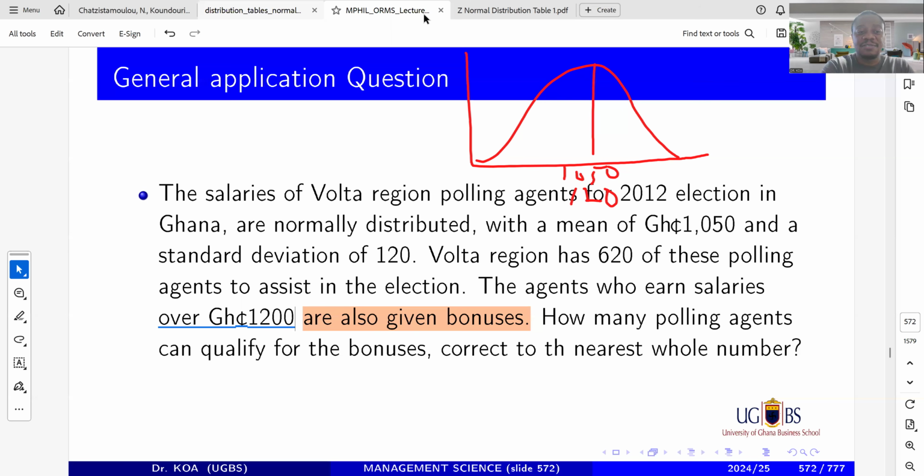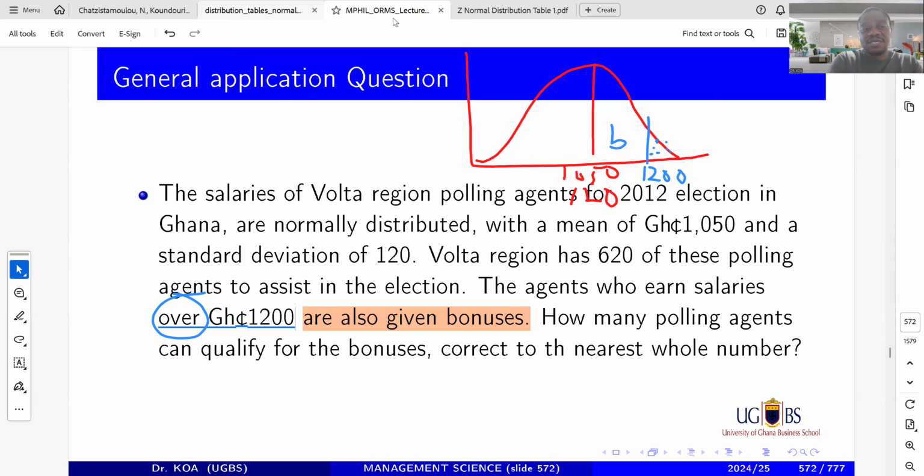It is to the right. So just indicate 1,002 here. Is it above 1,002 you're looking at? Yes, because of the word over. So you're shading this. To get that area, you need to find this one, B, and then subtract the probability of B from 0.5.